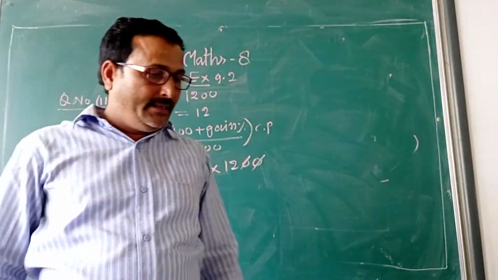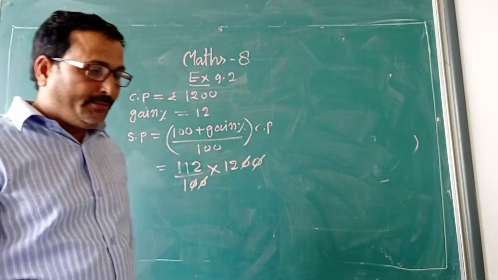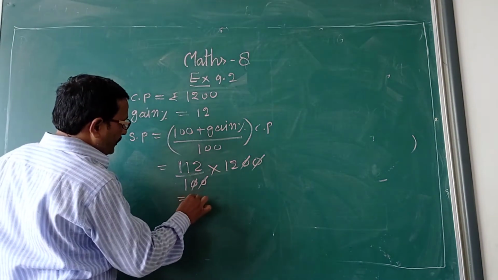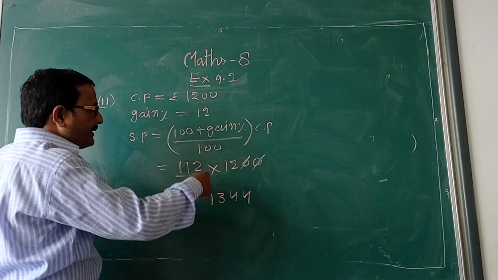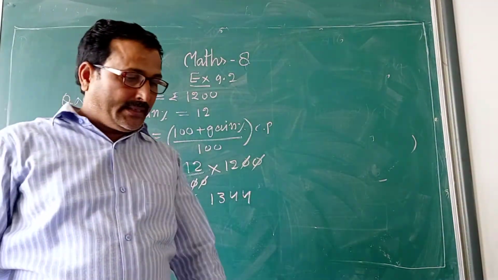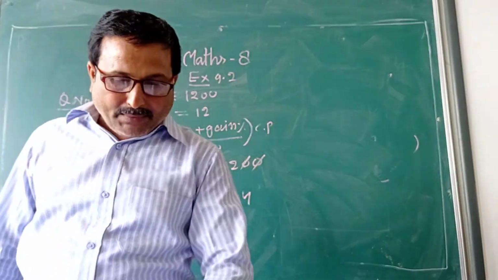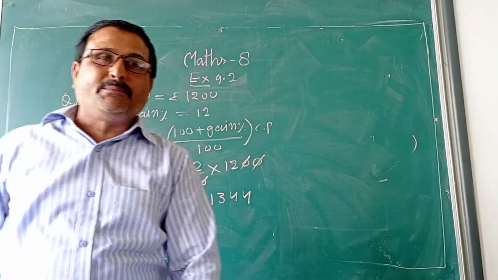You multiply, you will get 1344, that is SP. Now the marked price is asked after a discount of 16%.